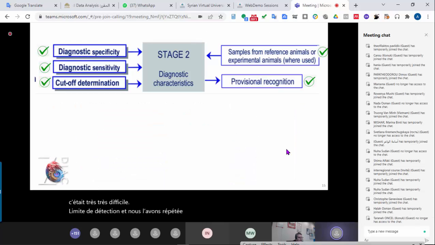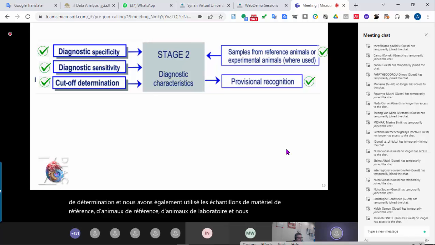So in stage 2, we have tested diagnostic specificity, diagnostic sensitivity, and cutoff determination, and also we used samples from reference material, reference animals or experimental animals, and we have a provisional recognition of our assay.